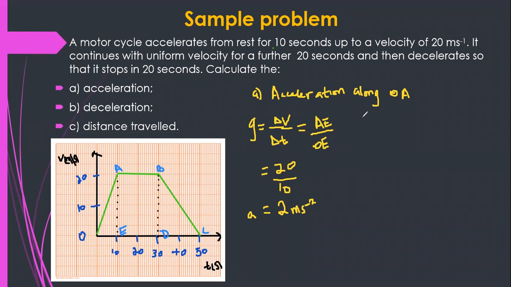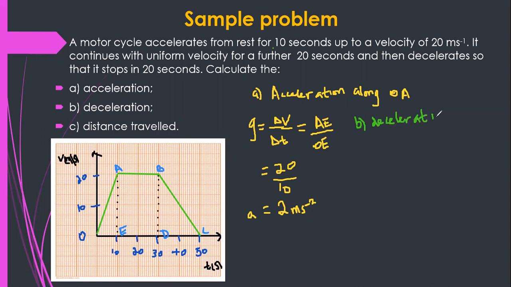so B, deceleration is going to be BD divided by DC. So let me write it also for clarification.